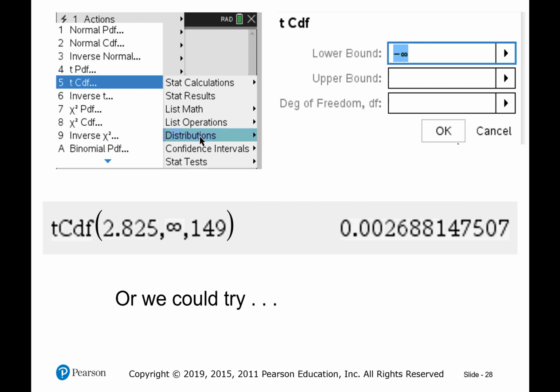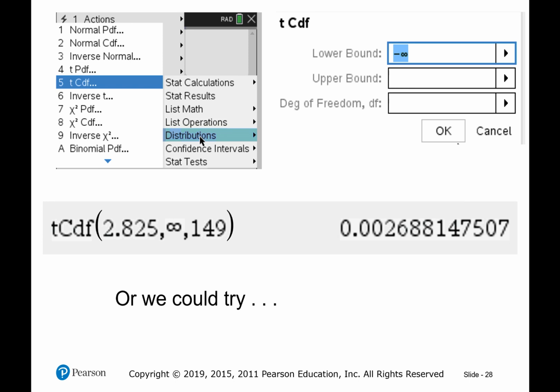So again, we go stats, not confidence interval this time, not really stat test. One way we can do it here is by just going to our distribution menu that we used so many times before to do number 2, the normal cumulative distribution function.